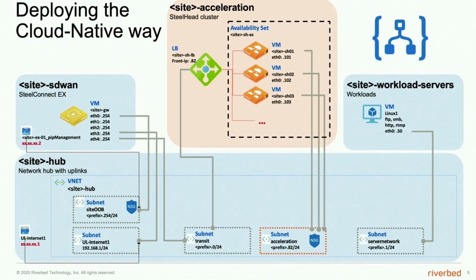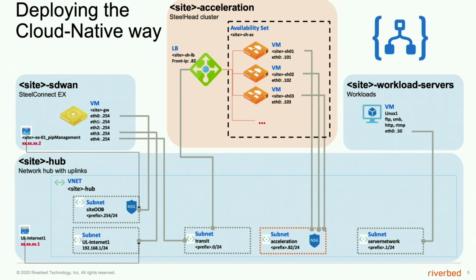But there's another way. We could deploy it the cloud native way. And for that, we have detailed that on GitHub. We have a cookbook and everything available for Azure and AWS, where basically we are able to build the interception using UDRs on Azure.